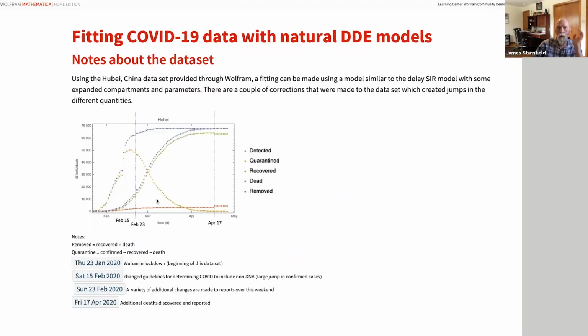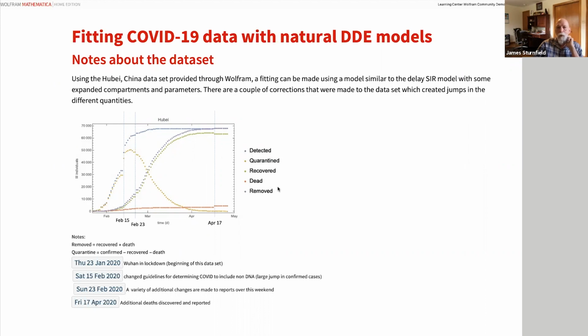And going to COVID-19 data in particular, I'm looking at the Wuhan data set, Hubei, China. This is actually in Wolfram's data repository, and I pulled out some of the information here and calculated a few things from it.